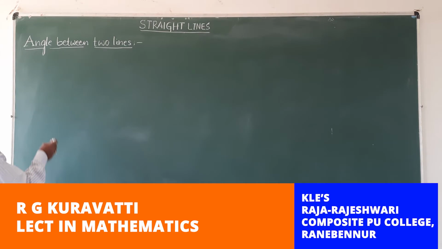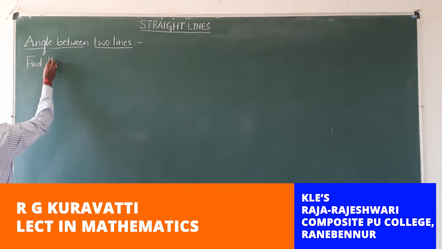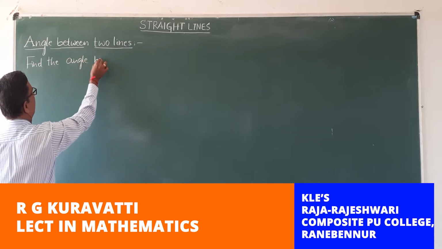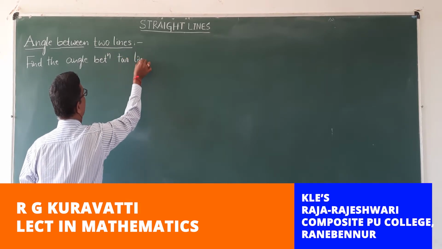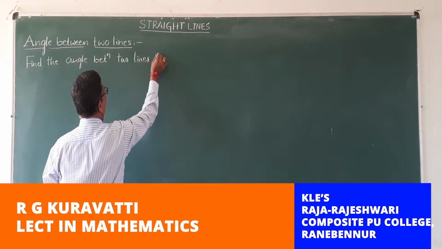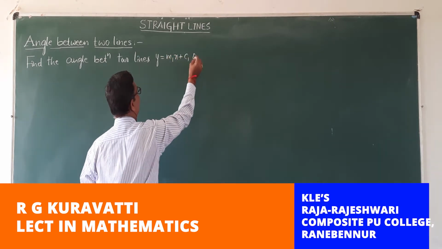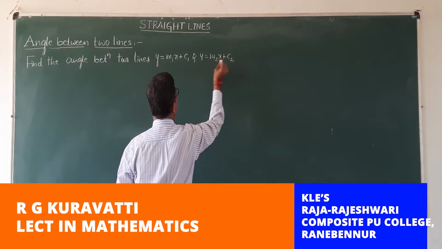Now here the question is to find the angle between two straight lines, say y is equal to m1x plus c1 and y is equal to m2x plus c2.